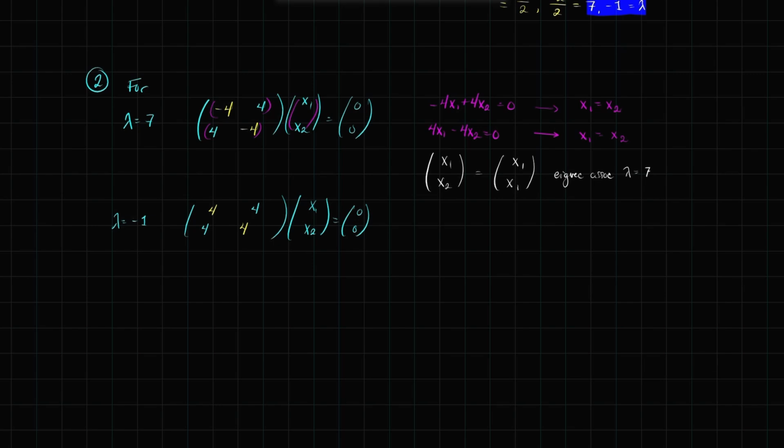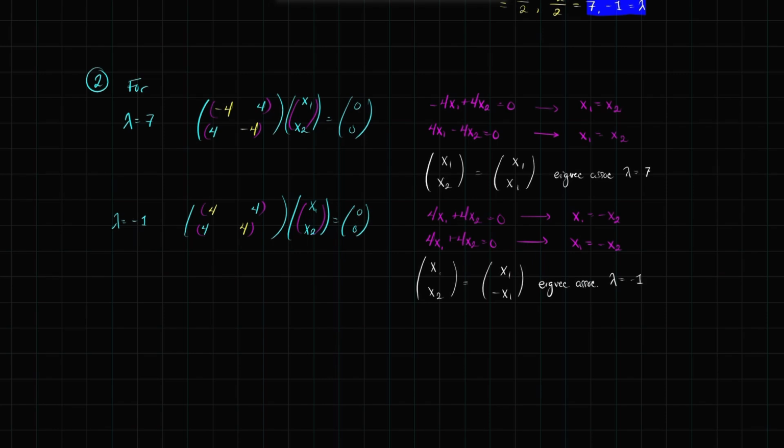I can do the same for the later matrix vector calculation to give me 4x1 plus 4x2 is 0, along with 4x1 plus 4x2 is 0, and that immediately gives me x1 is negative x2. The eigenvector x1, x2 becomes x1, negative x1, associated to lambda equals negative 1.